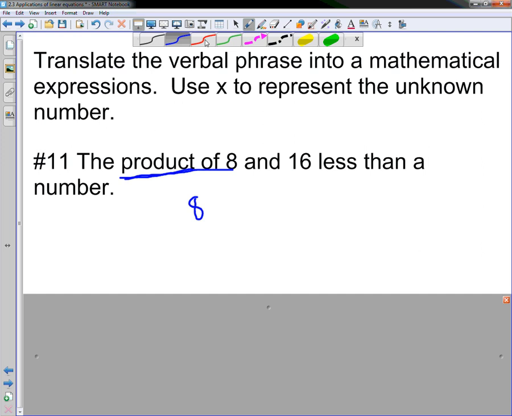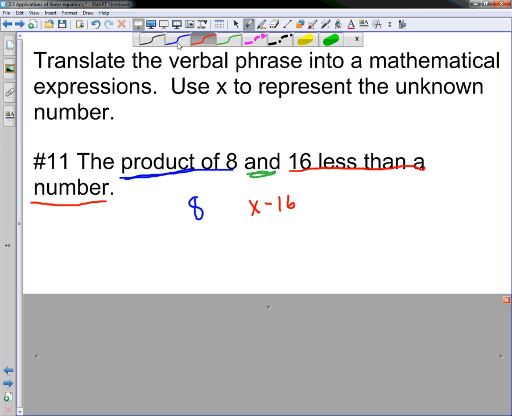The second part that we're multiplying is 16 less than a number. That word "and" is telling me where the multiplication is occurring. I'm multiplying 8 and the statement of 16 less than a number.